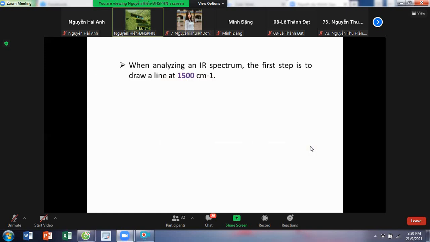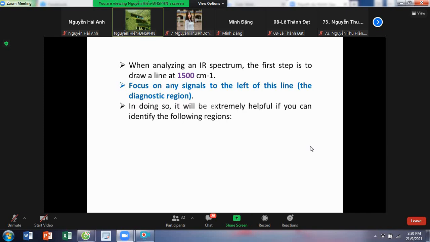So when you analyze an infrared spectrum, the first step is to locate the 1,500 centimeters position, and then we just focus on those signals that are found on the left of this line. We call this its diagnostic region.